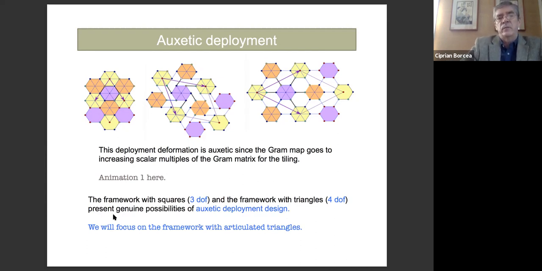And for economy of effort, I will subsequently concentrate on the example with triangular plates.